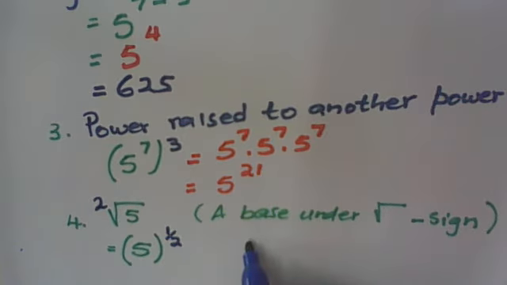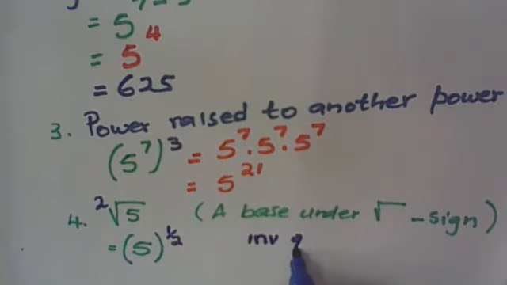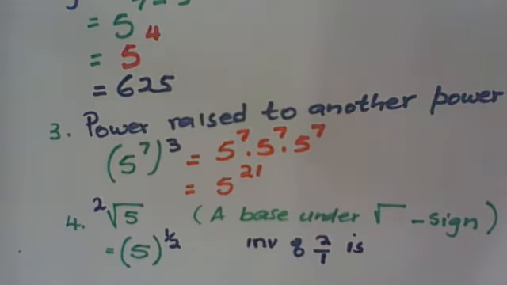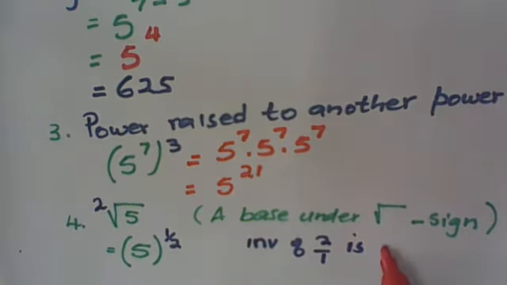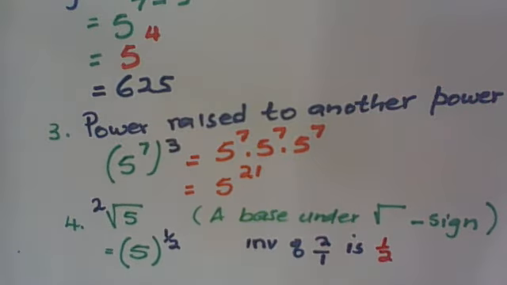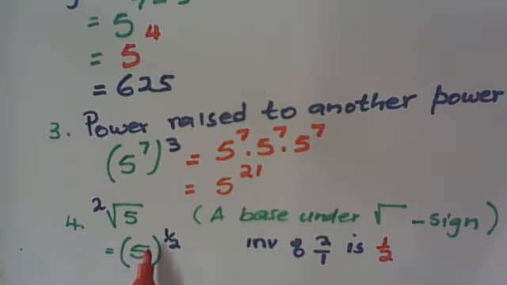Let me write it here. The inverse of 2 is 1 over 2, which is half. You just invert it. That is invertendo. In Latin, it's called invertendo. Right. Then, that is exactly what you did here.